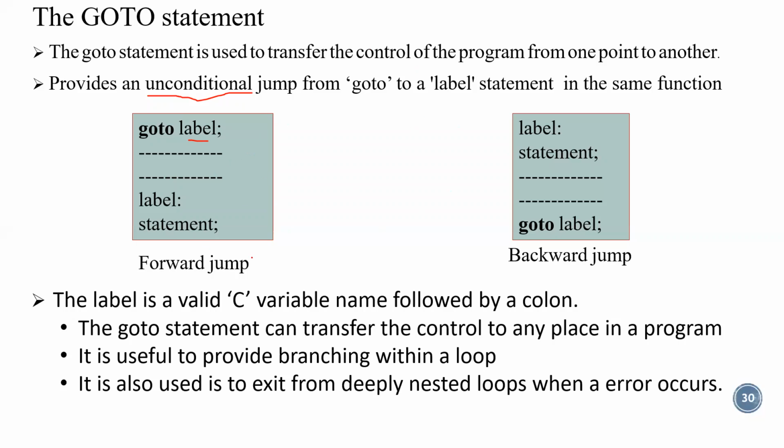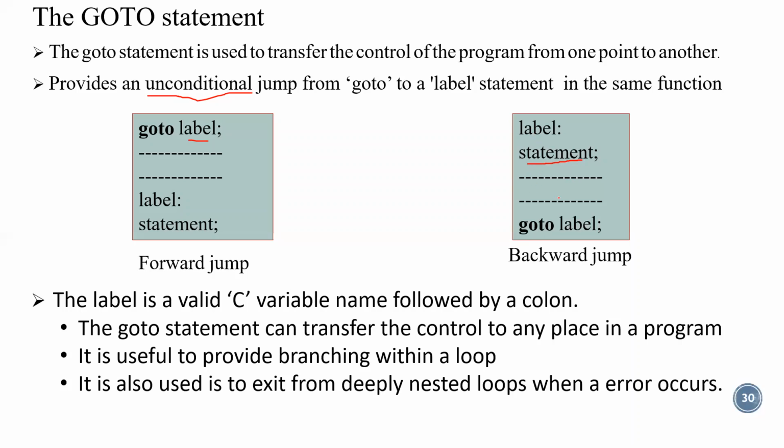You can have two types of jumps. One is known as a forward jump. It will be like go to first, with the label name, and then after a few lines we will be mentioning the label. So as soon as go to is reached, it will be jumping towards the label position. Got it? And the second one is a backward jump, in which the label will be given first. Then it will execute the remaining statements under the label.